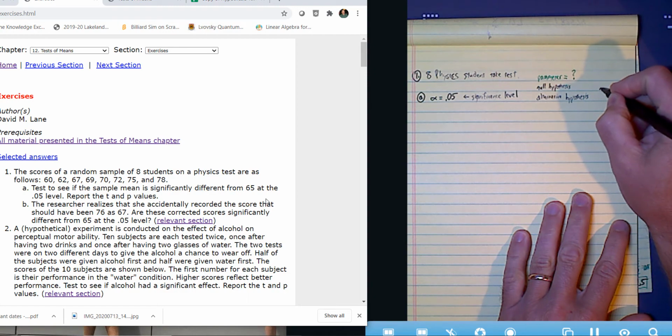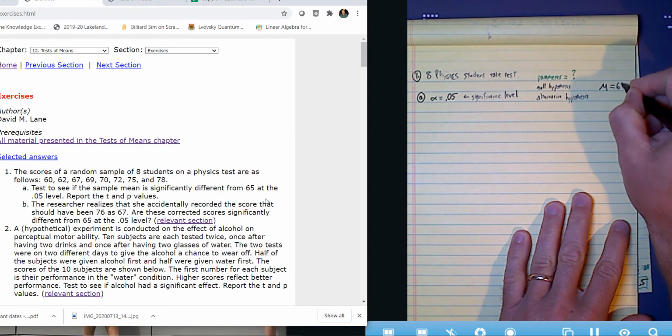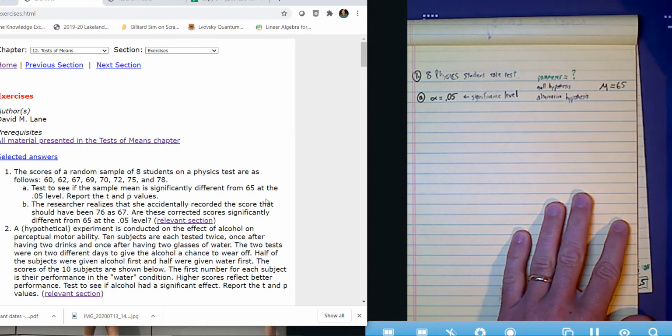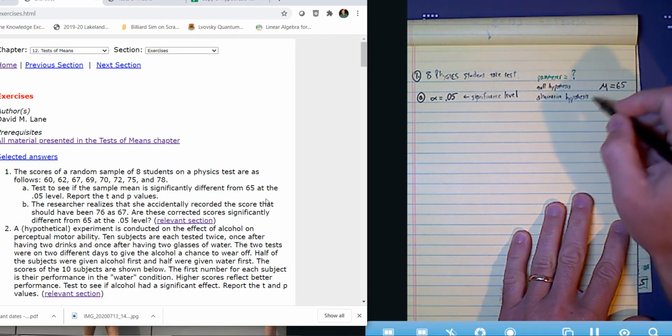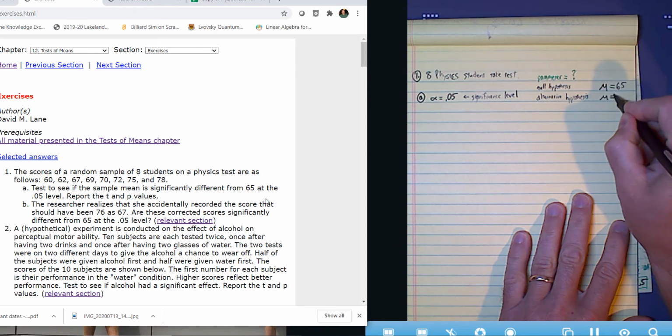The Greek letter that looks like this is the Greek letter mu. And so the claim is that the mean might be 65, okay? So in this case, the alternative hypothesis would be the mean does not equal 65.